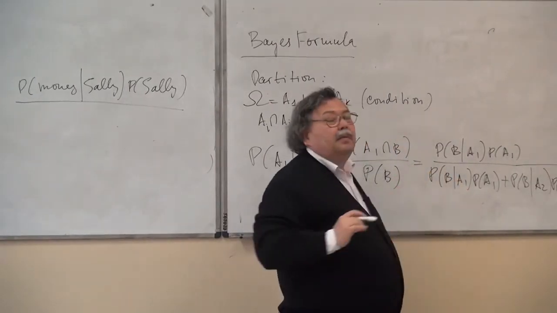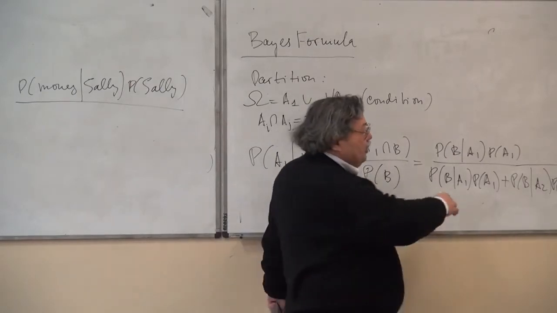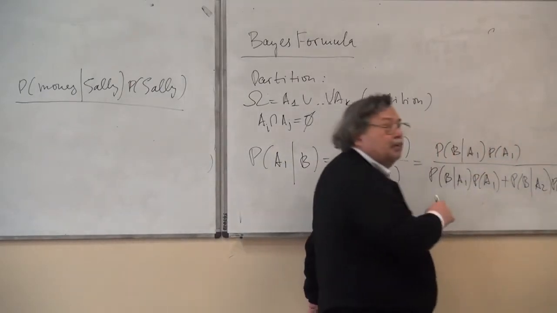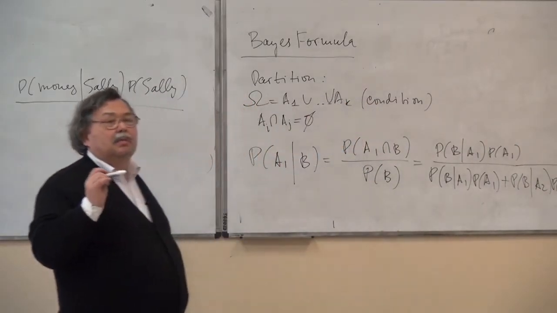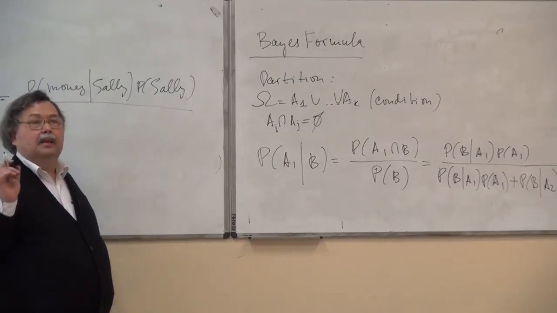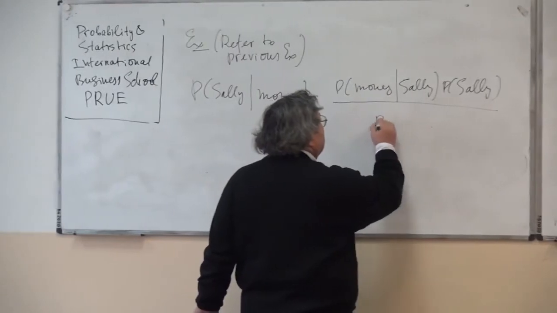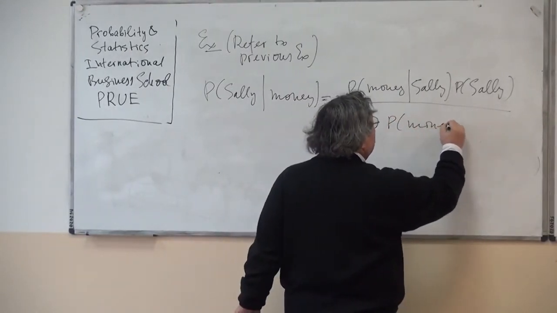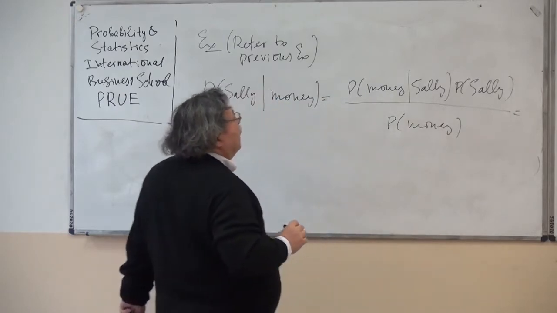If we hadn't done this computation before, we would have to use this total probability formula. But we just did it in the previous example. So it's the total probability that an unsigned letter contains money. So we just know the answer, and we are going to substitute a numerical value here.